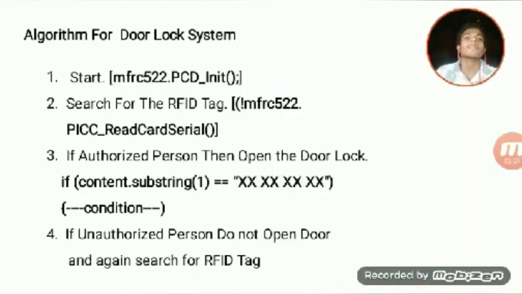Okay, so this is the algorithm for the door lock system. When the door lock is open, we have connected the system to the internet, and this whole database works on Google Firebase. So when the door lock is open, the token of the teacher changes from 0 to 1.